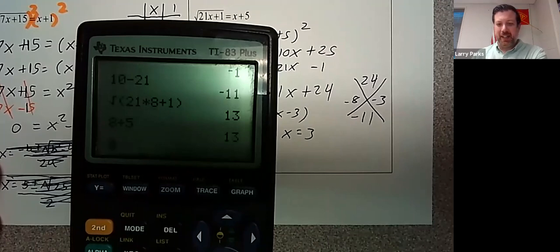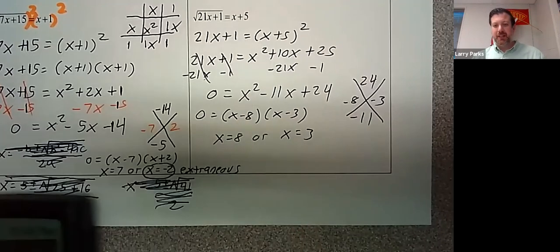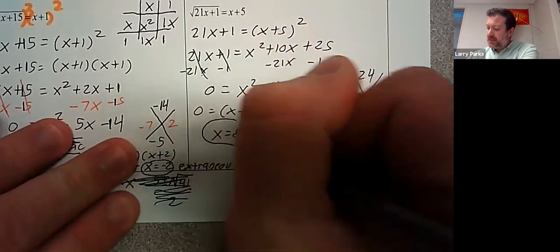So I plugged 8 in, 8's good. Now I'm gonna plug 3 in. Square root of 21 times 3 plus 1, close the radical. That should equal 3 plus 5. 8, they both work. So none of these are extraneous.